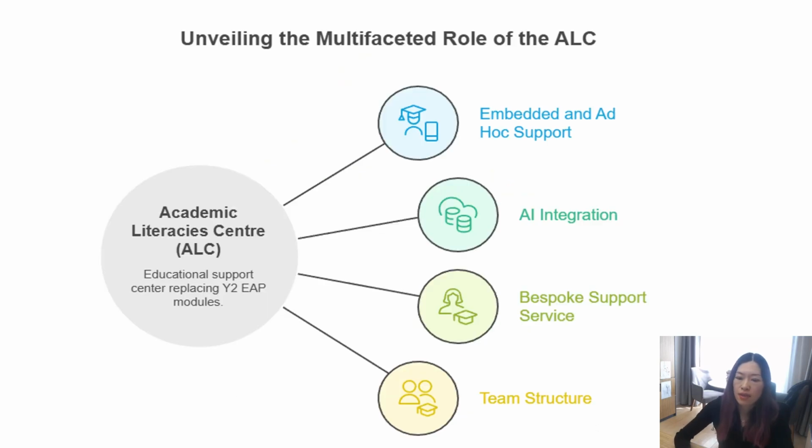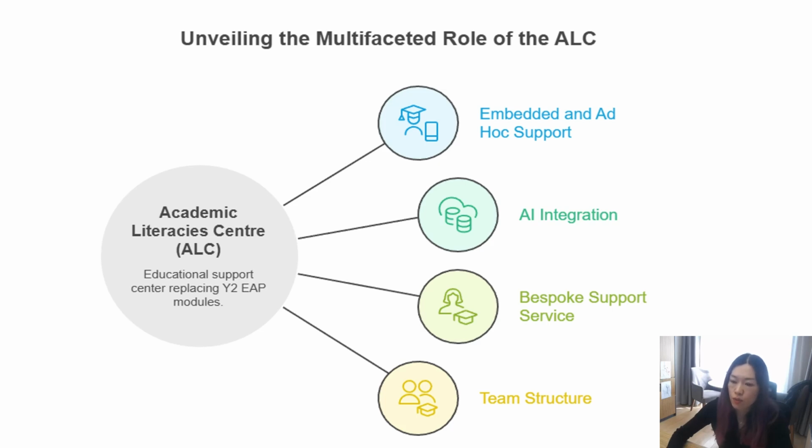So from summer 2025, the Academic Literacy Center, ALC, was established following the School of Languages review in academic year 24-25 as a replacement of the Year 2 EAP modules.